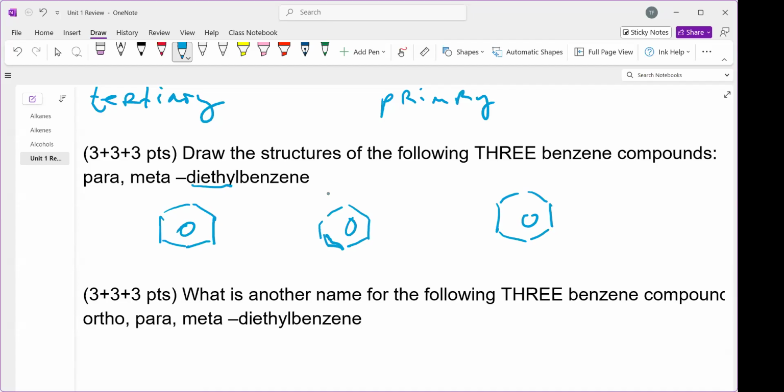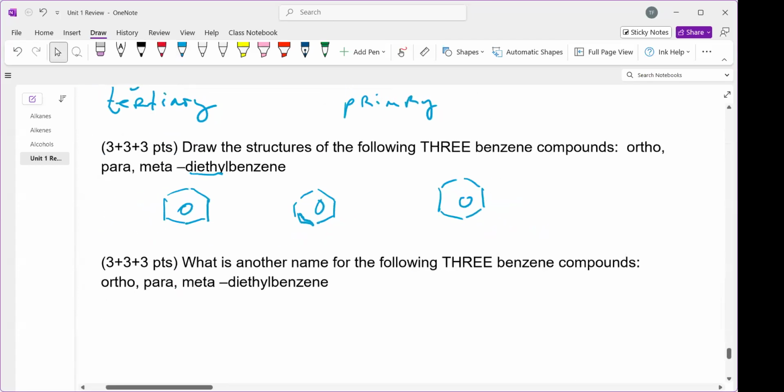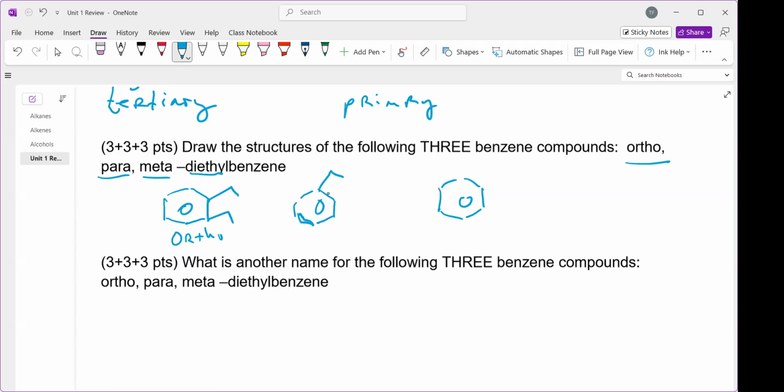So we have three structures: ortho, para, and meta. Ortho is right together. Let's do that as ortho. Para means they're across from one another. And meta means they're one apart.